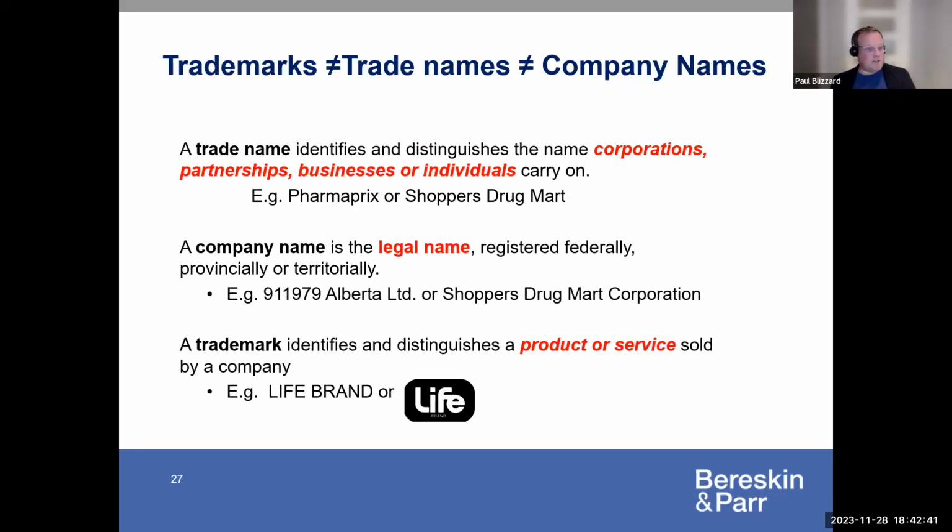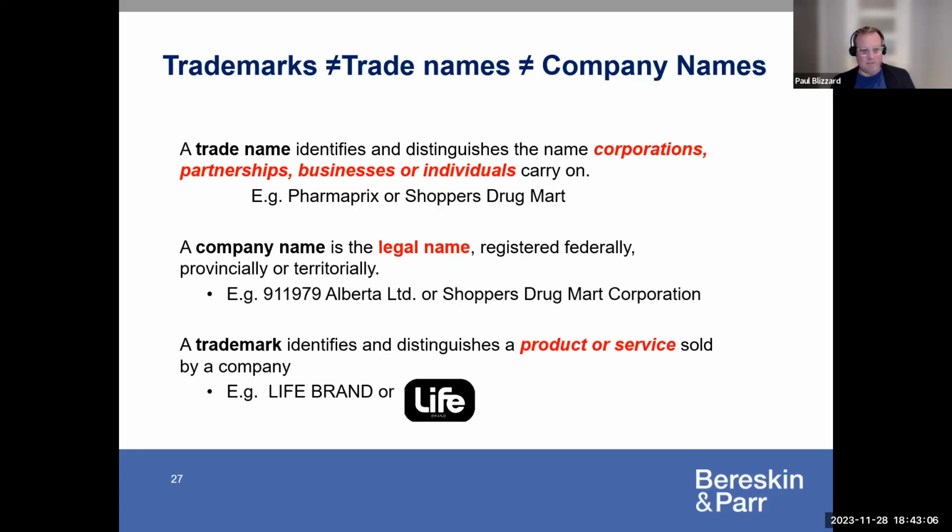So returning to the slide, trademarks are different from trade names and different from company names. A trade name identifies the named corporation, partnership, business, or individual, for example Pharmaprix or Shoppers Drug Mart. A company name is the legal name registered federally, provincially, or territorially, so you'll see numbered companies or Shoppers Drug Mart Corporation.